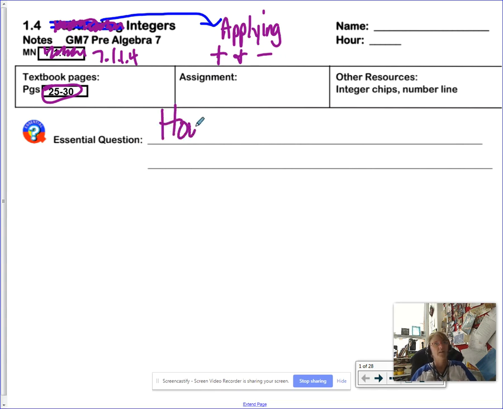All right, then if you could please, how do I solve, I'm trying to remember how it was worded. How do I solve multi-step problems? Oh, I can't even spell. Let me start over.